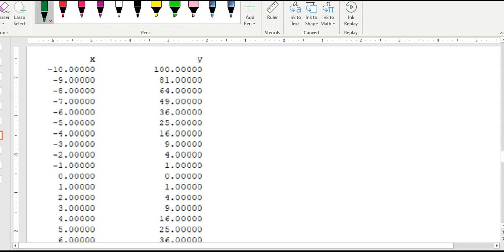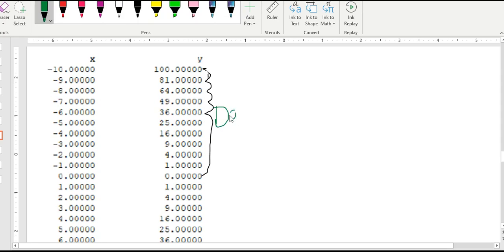So if you notice here, from 100 to 81, it's decreasing. And then it's still decreasing, decreasing, decreasing. It's going to continue to decrease until we hit 0. There we go.